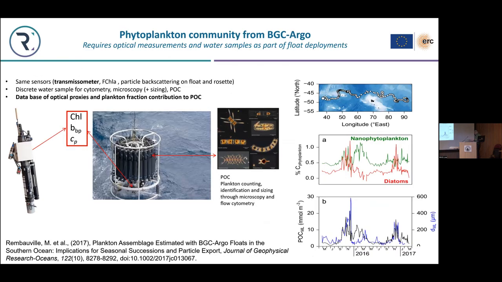Another study that was more in detail was performed by Mathieu Ramboville as part of the cruise that we had in the Southern Ocean. And I introduced here a new sensor, the transmissiometer. We measure the standard BGC Argo parameters, chlorophyll and backscattering, but also the transmissiometry measurements that are on the float, and we put the same optical package on the rosette.